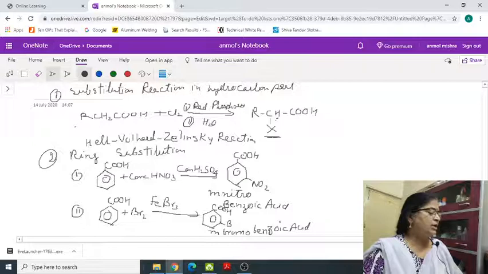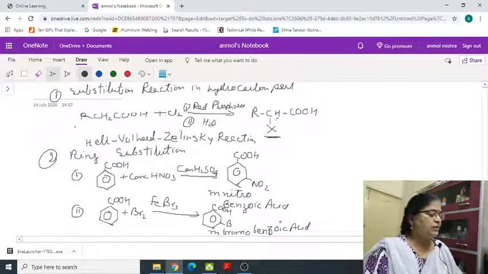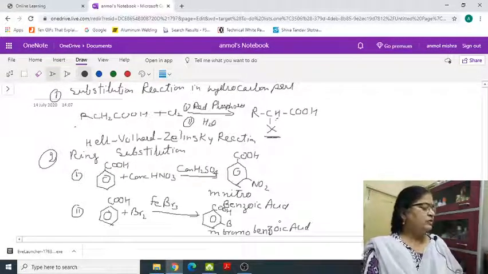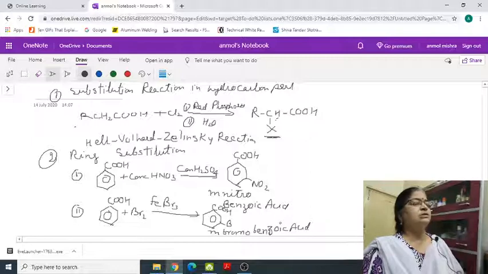Hexanedioic acid is used in the manufacture of nylon 6,6. Esters of benzoic acid are used in perfume industries. Sodium benzoate is used as food preservative in squash. Higher fatty acids are used in the manufacture of soap and detergent.